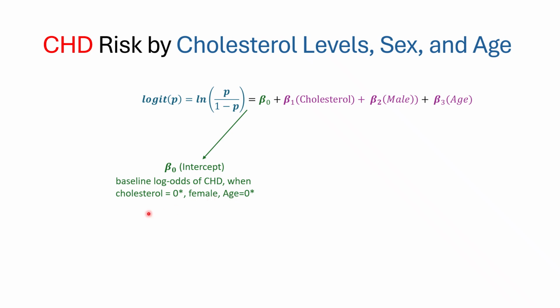That is, cholesterol is 0, the reference value is female, and age is 0. So the way we interpret it is that beta naught will give us the value for a female of age 0 and cholesterol 0. Of course, again, this is a theoretical number which does not have any practical or clinical value, but it gives us the starting point.